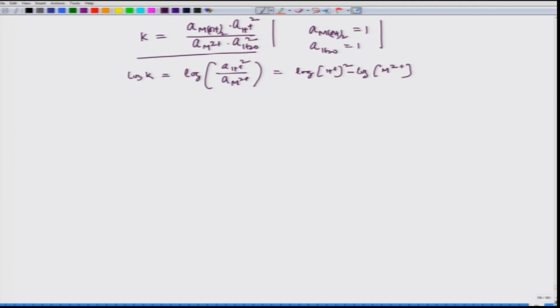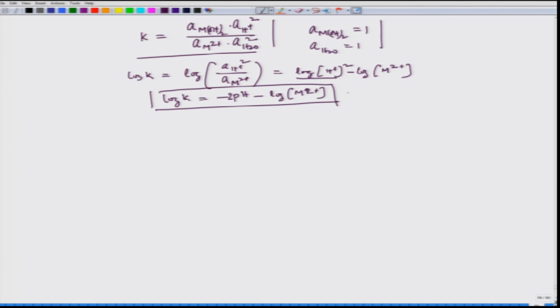Now, we see that this final equation becomes, I can put it as minus of pH with a 2 sign, because 2 would come here, minus log of the M2+ concentration. So, this is an equation which can decide the stability of M2+ and the stability of M(OH)2.